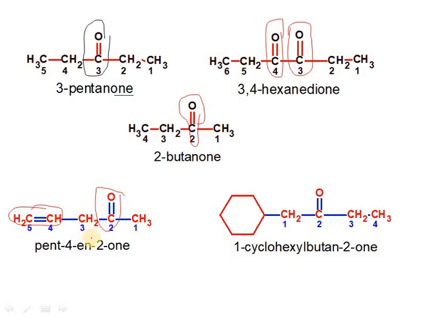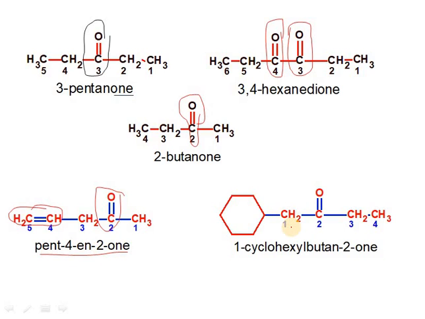But as per IUPAC, the ketonic group gets the lowest number, and hence numbering from this side is correct. So the name is pent, 5 carbons. The 4 position has a carbon-carbon double bond, so 4-en. The second position has a ketone, so 2-one. This is the IUPAC name for the structure.